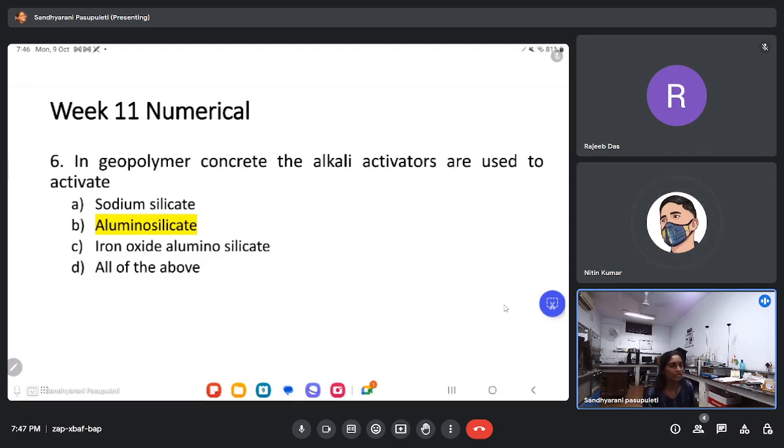You will get the Indian Roads Congress document. This document will give all the limits for GGBFS, PSC, all the limits. You can check from there. You don't need to remember them actually. They are empirical values. Okay, ma'am.